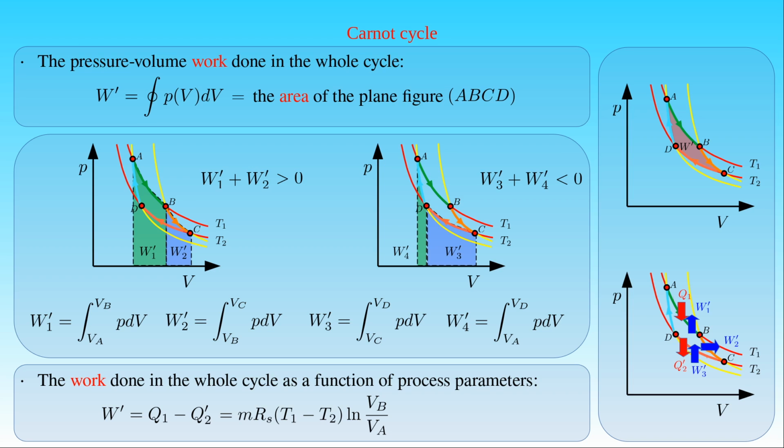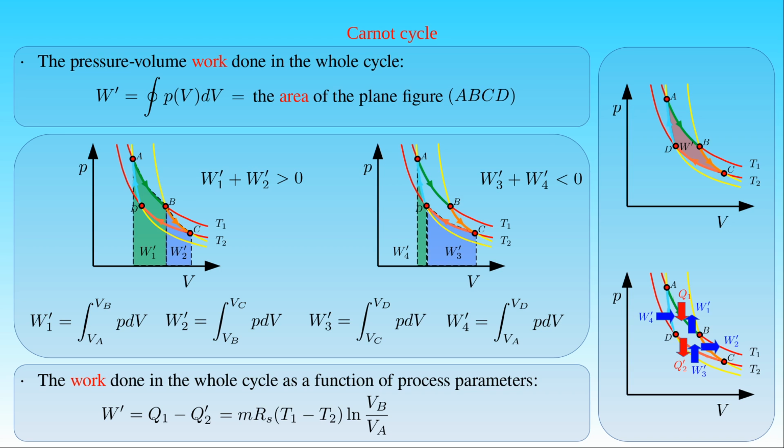In the fourth process, where the gas undergoes an adiabatic compression between the states D and A, there is no exchange of heat but the gas does the negative pressure-volume work W'4, which increases the internal energy of the system. Therefore the arrow representing the work W'4 points inside the closed curve connecting the points A, B, C, and D. We have seen that the work W'2 and the work W'4 have the same magnitude but the opposite sign.